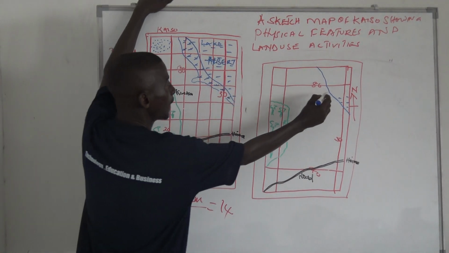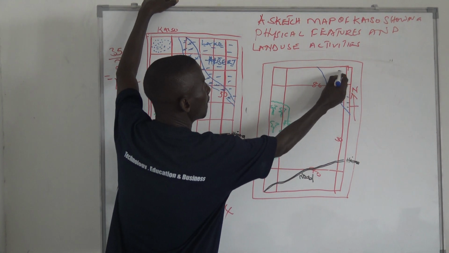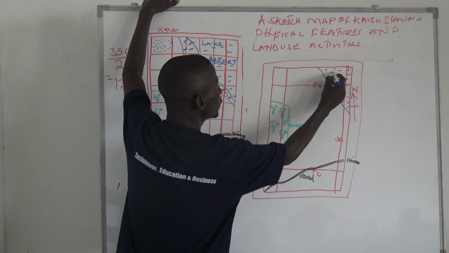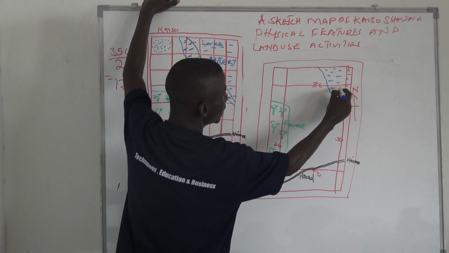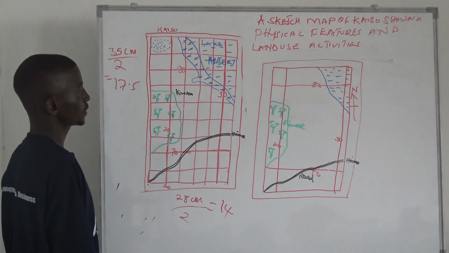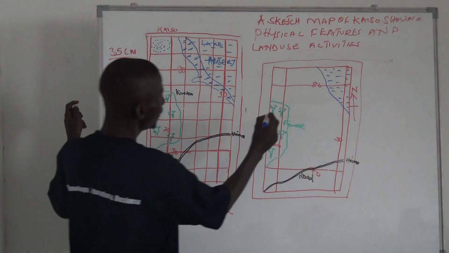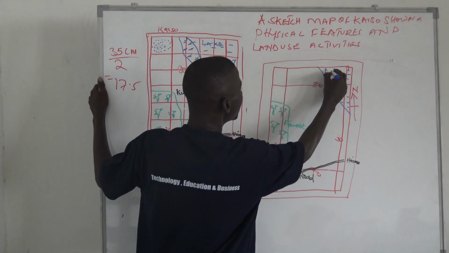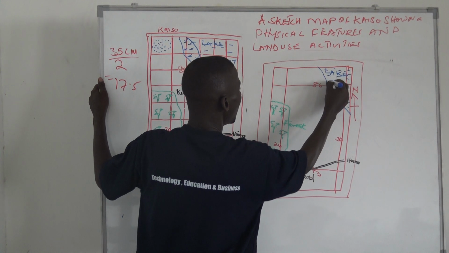That is the shading for water. Water is represented with those shadings. You say this is Lake Albert.